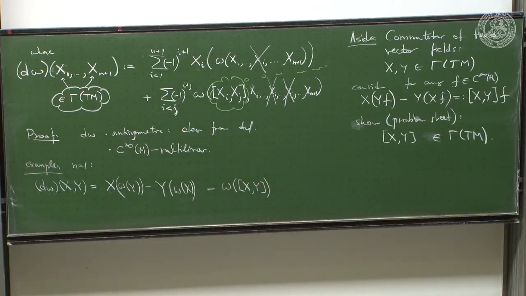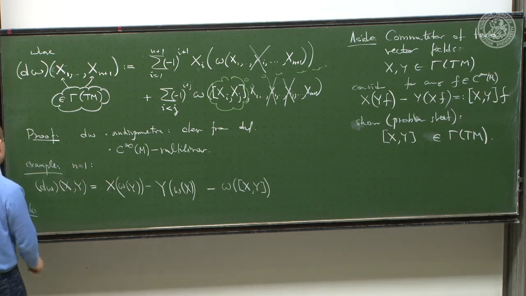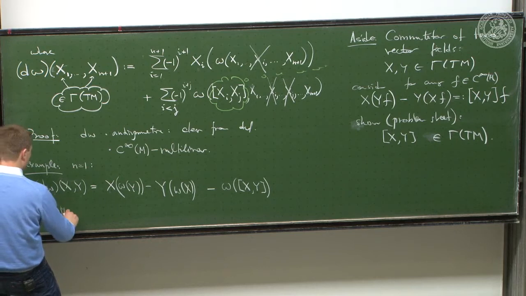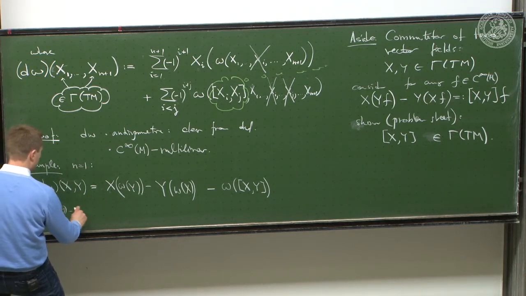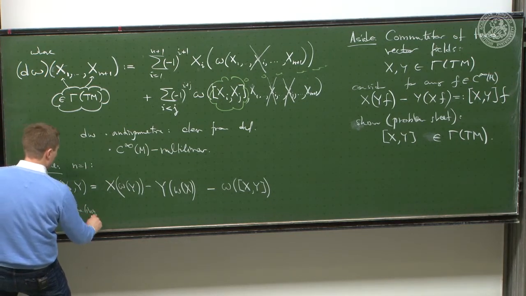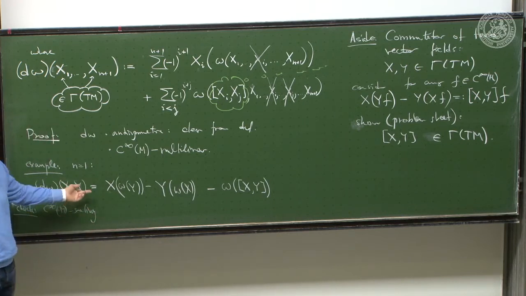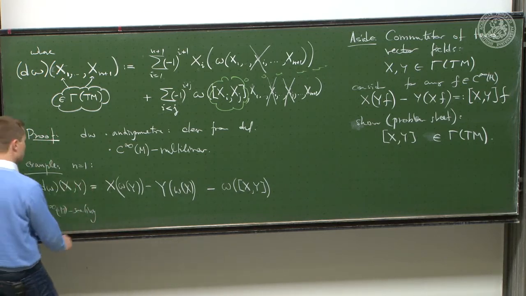Now, let's check for this particular example C infinity multilinearity. Well, additivity is obvious, so check C infinity scaling. Because it's antisymmetric by construction, it suffices to check the scaling in one entry, because then in the other entry it's obviously also there.